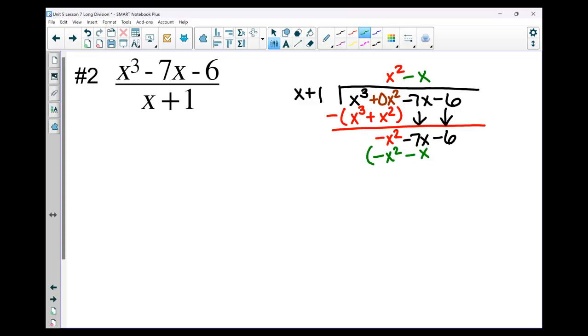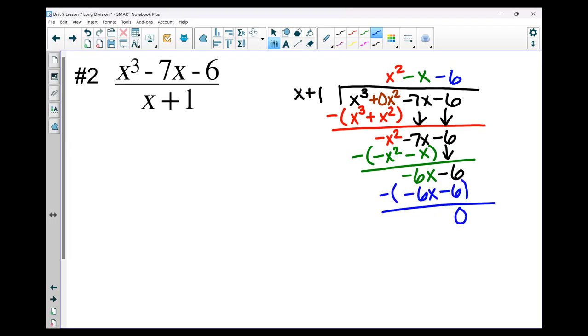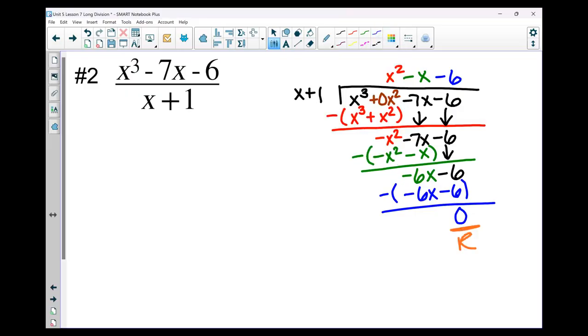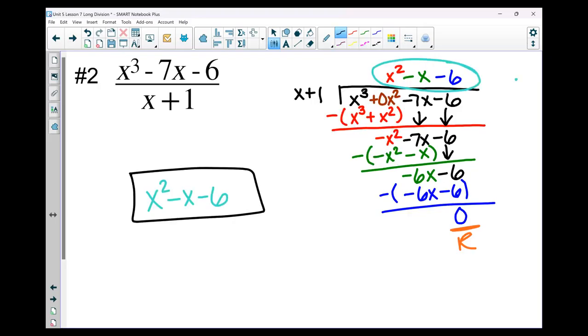Distributing that negative x, I subtract. I know that I can make my first term match negative 6x by multiplying by negative 6. You multiply, subtract, I have nothing else to bring down, so I'm done. In this case, my remainder is equal to 0. Therefore, my final answer for this one is just going to be the quotient up here.